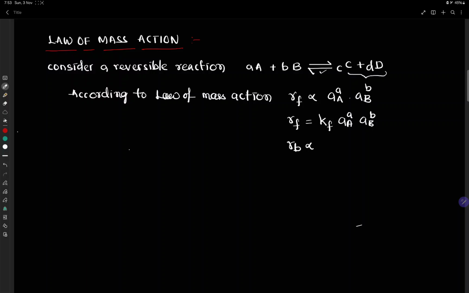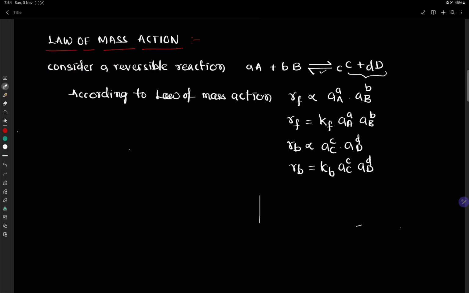For the backward reaction, C and D are reactants. So the rate of backward reaction is directly proportional to active mass of C into active mass of D raised to their stoichiometric coefficients, the coefficients of C and D. Now the rate of backward reaction equals, by removing proportionality, the rate constant for backward reaction Kb, active mass of C raised to power c into active mass of D raised to power d.